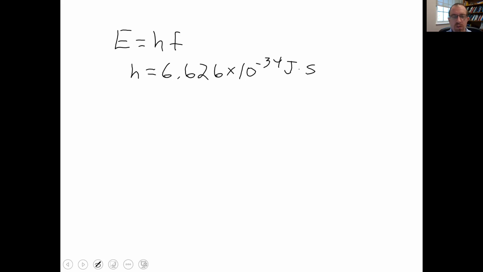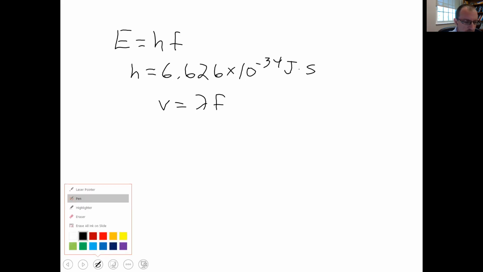All right. And f is frequency. Okay. So we've got the wavelength of the light, and this equation uses frequency. Well, I'll remind you guys that when we were dealing with waves earlier on in the class, we said that the speed of a wave is equal to its wavelength times its frequency.